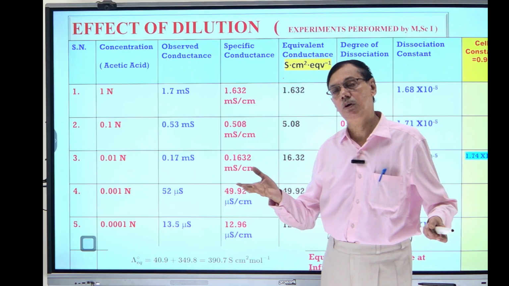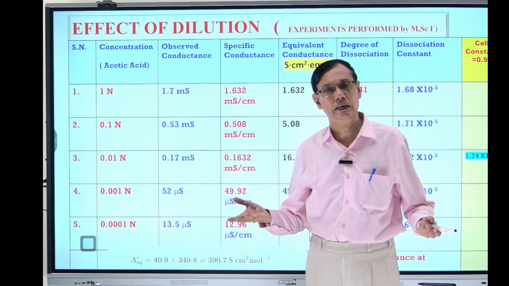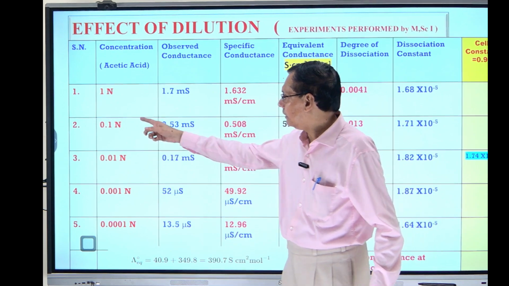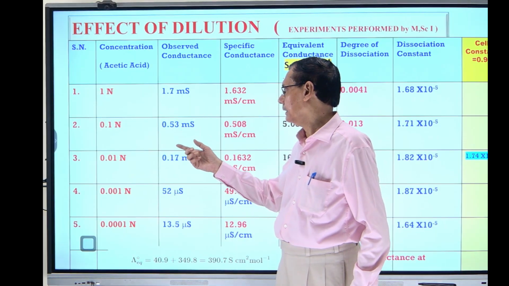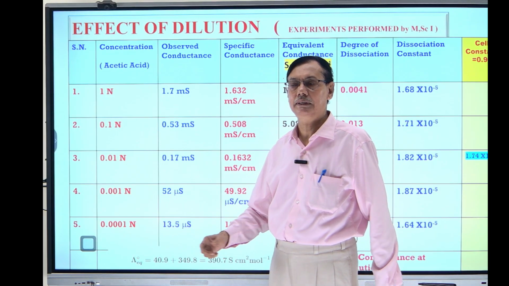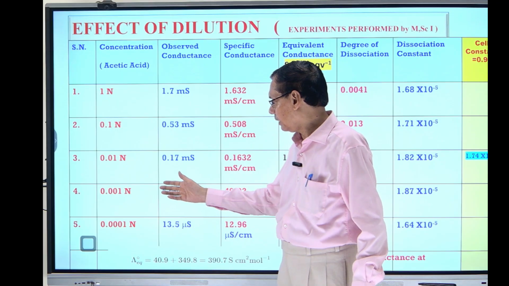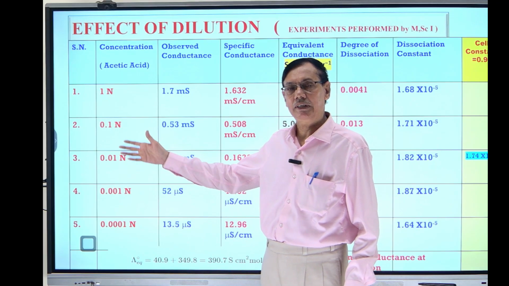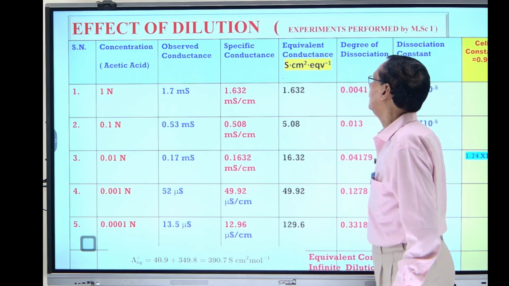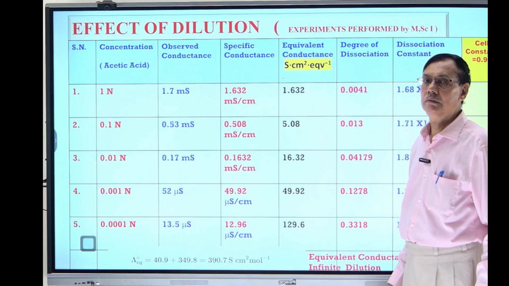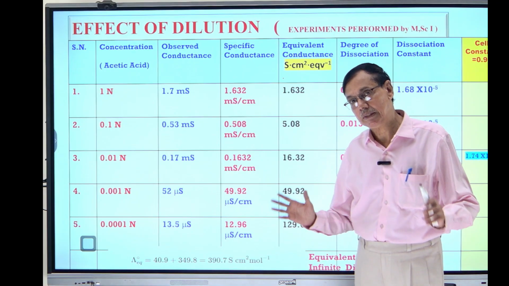But of course the molecular weight and equivalent weight of acetic acid is exactly the same. So I can write 1 molar, 0.1 molar, 0.01 molar, 0.001 molar acetic acid, so that if I take the molar solution, the equivalent conductance must be the molar conductance. But that is not the thing.